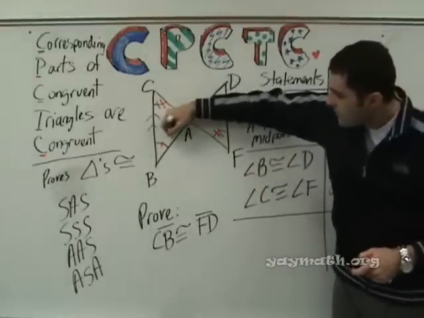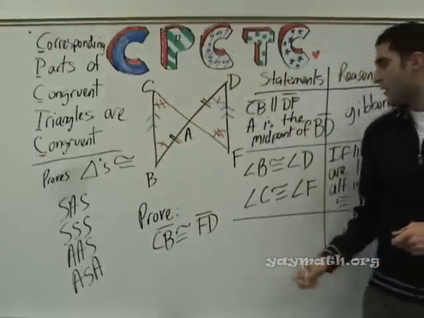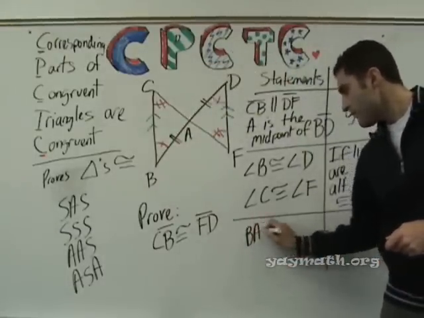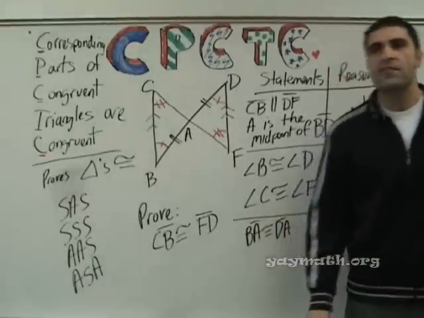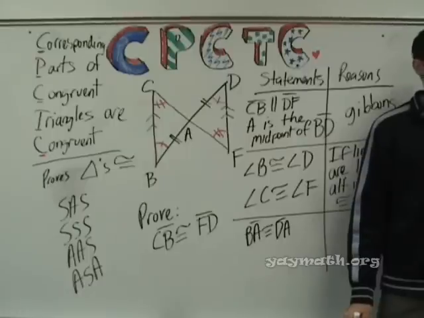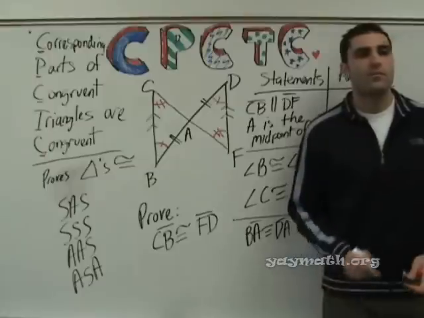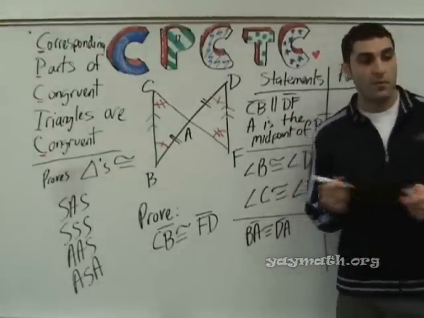Let's mark it with 2 so it's more clear. So BA is congruent to DA. And how did you know that these two pieces are the same? Because A is the midpoint, so it cuts it. Right. You said the word midpoint, and that's right.